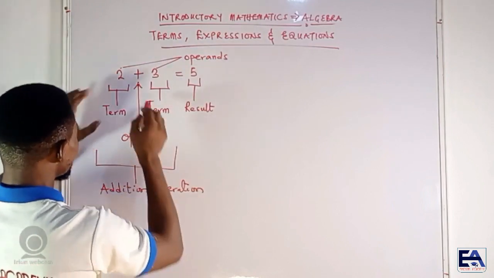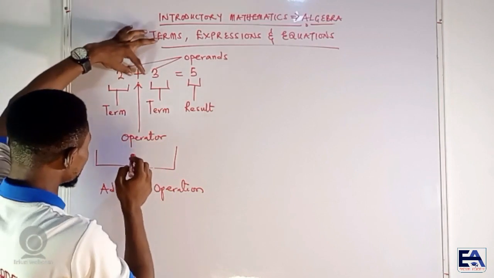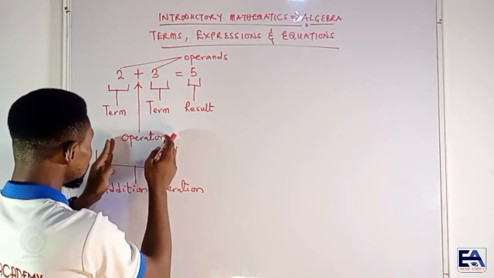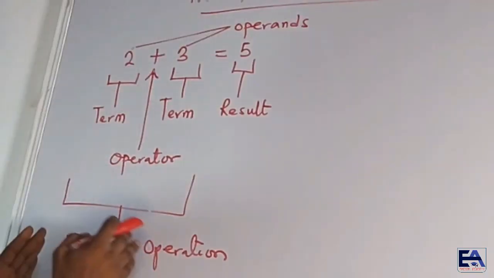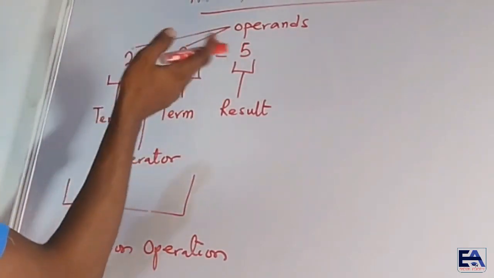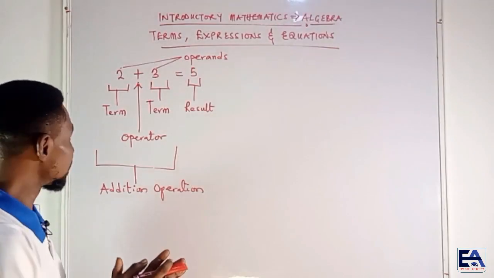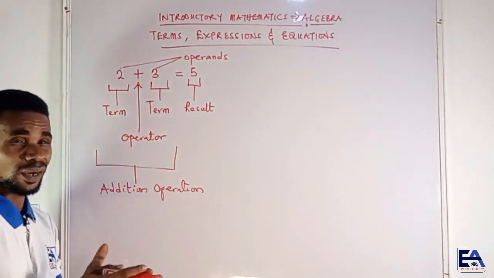But the scope within two operands, the sign between two major operands, is called an operator. In this case, we have the addition operator because it's the plus and the work is to add. I'm just repeating all these things for you to get clarity and understanding. All right, so I believe you get this clear.